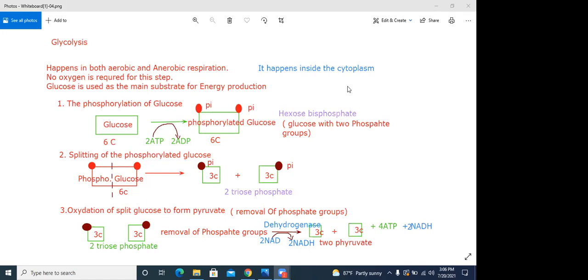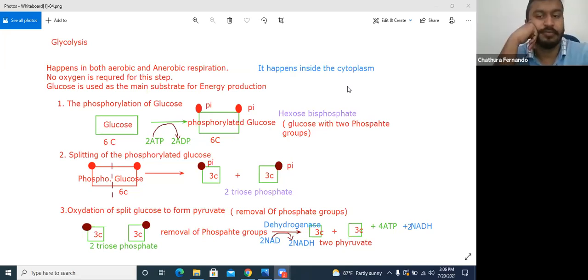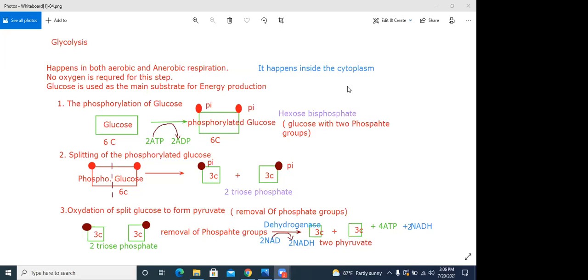And here 2 ATP is used up and turned to 2 ADP. And phosphorylated glucose, which is hexose bisphosphate, is formed. Then that is split into 2 3-carbon compounds, which is triose phosphate. And thirdly, the oxidation of the triose phosphate forms 2 pyruvate compounds, which is also 3-carbon.